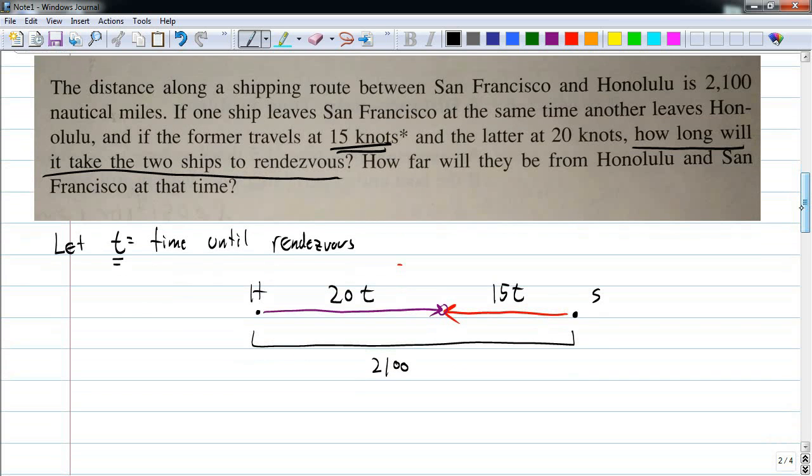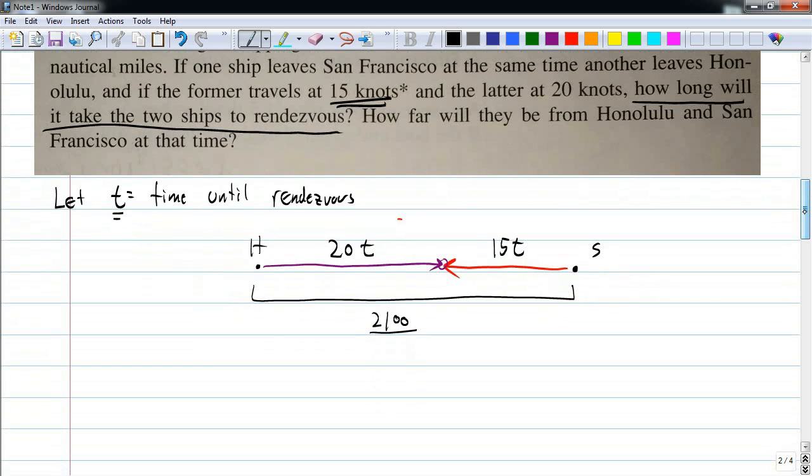Now, when they meet, collectively these two ships will have traveled 2,100 nautical miles. And therefore, the setup for my equation is that 20t, this is the ship from Honolulu and how far it has traveled, plus 15t, this is how far the ship traveling from San Francisco has traveled.